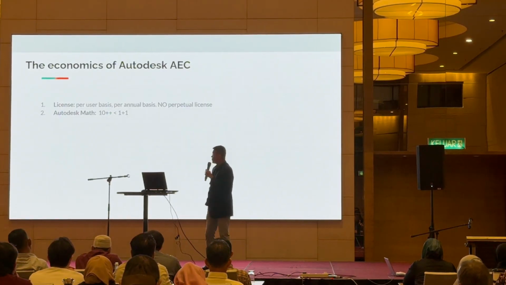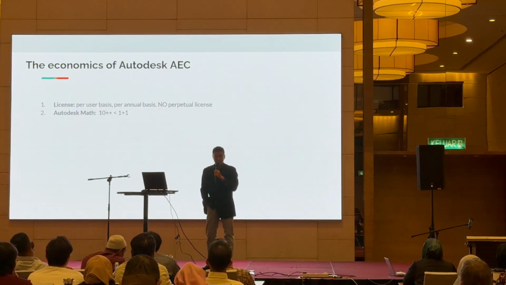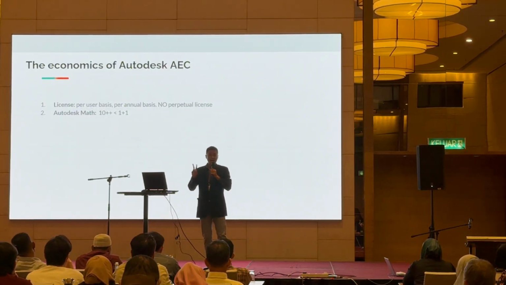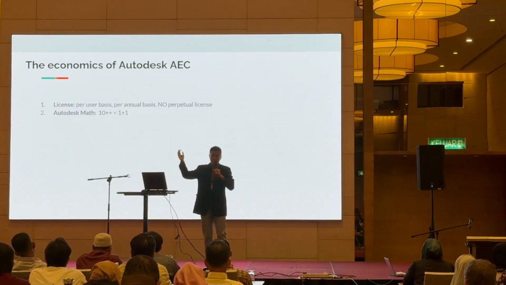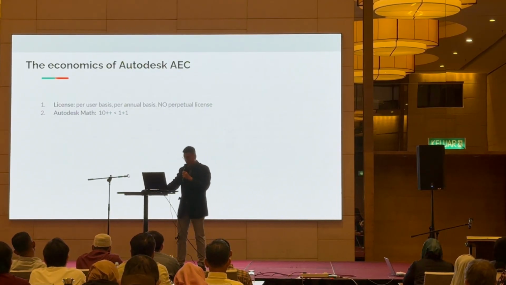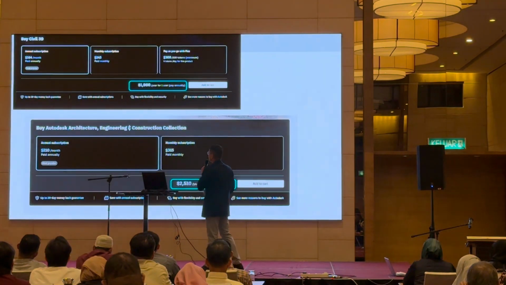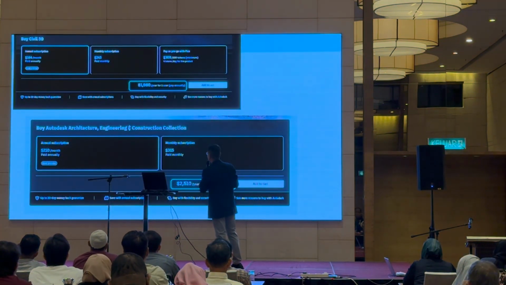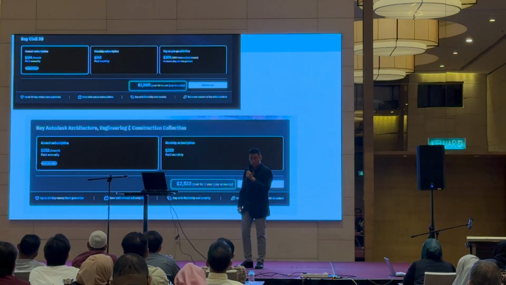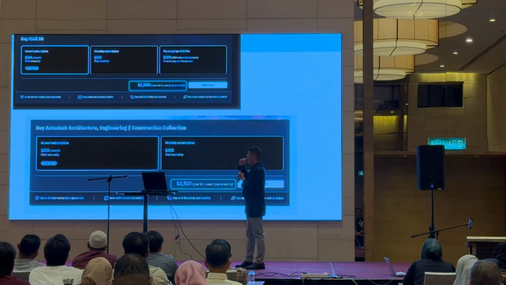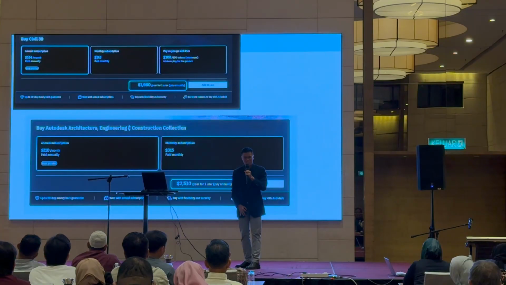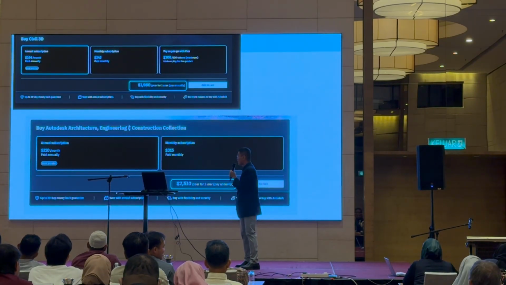But anyway, when we talk about this Autodesk mathematics, buying two licenses can cost more than buying one AEC collection that comes with 10 software or more. This is the kind of mathematics that Autodesk is playing with. Let me explain how the magic works here. If you go to the Autodesk website, you can find that if you just want to buy a single Civil 3D, the price is around 2,000 USD per named user.